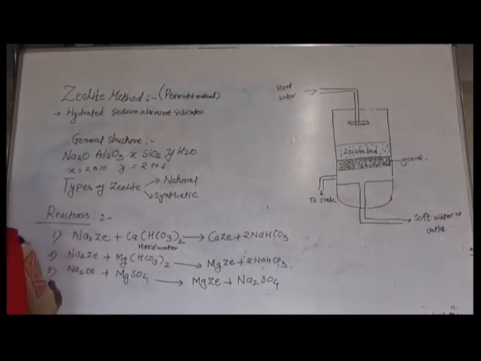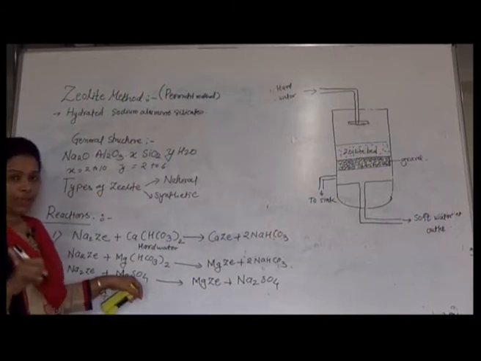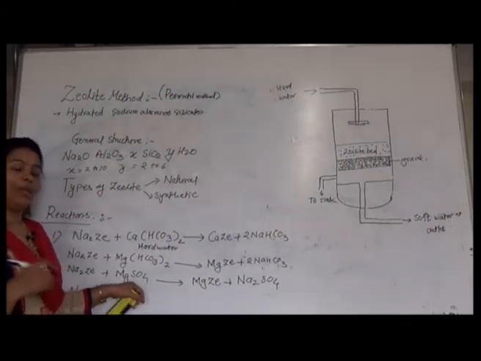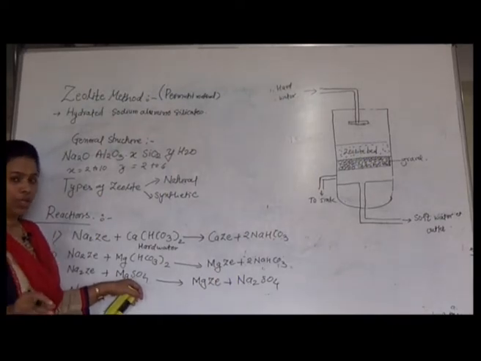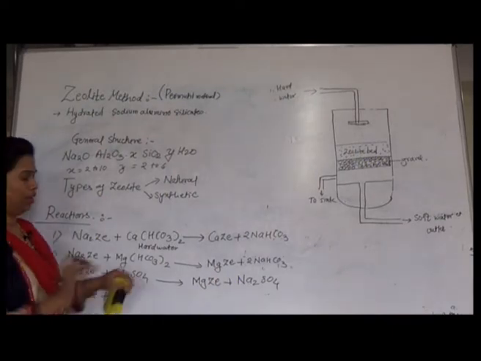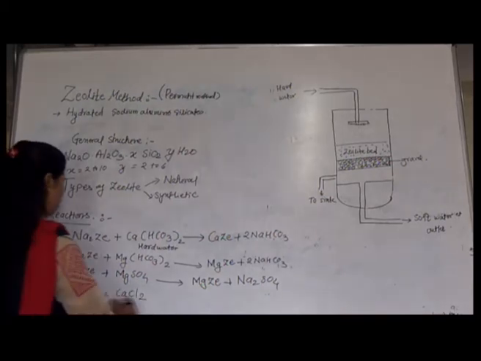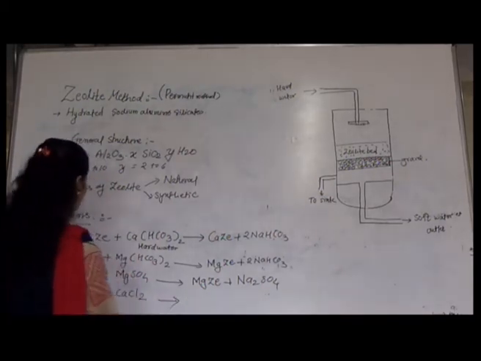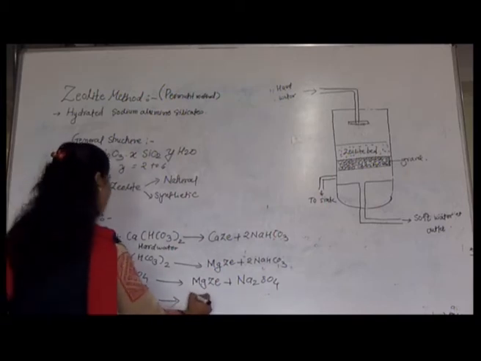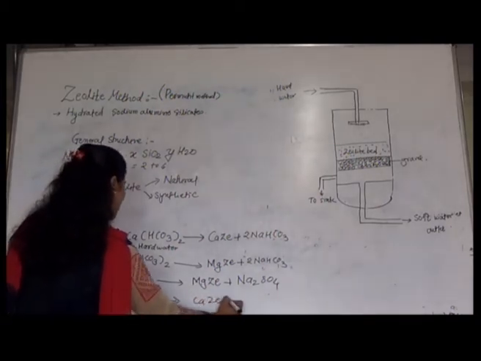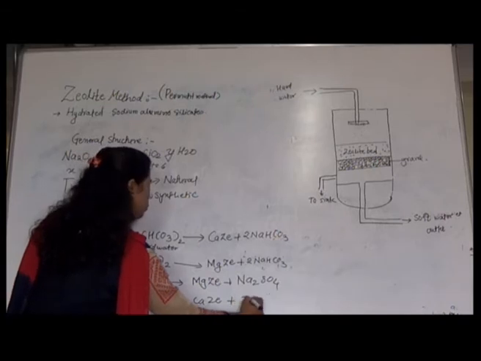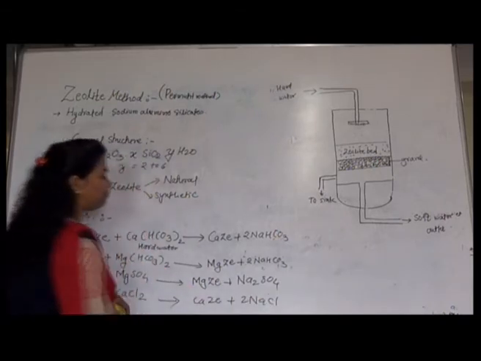Another reaction is Na2Ze with CaCl2. CaCl2 is also a permanent hardness causing salt. If this salt is present in hard water, then the reaction is CaCl2 plus sodium zeolite, forming calcium zeolite plus 2 NaCl.